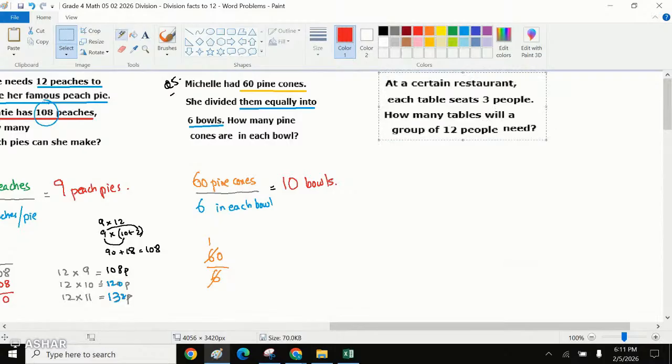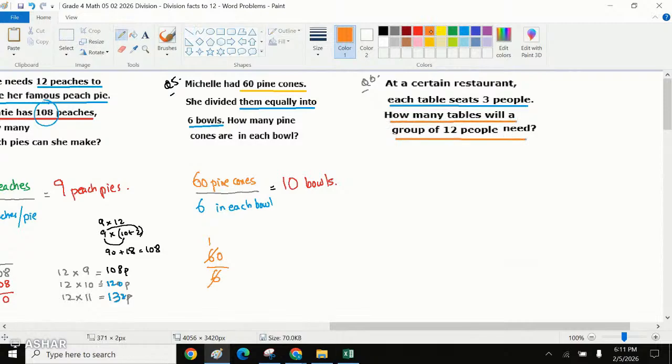In question number 6, what they're telling us is, if each table has 3 seats, how many tables will a group of 12 people need?